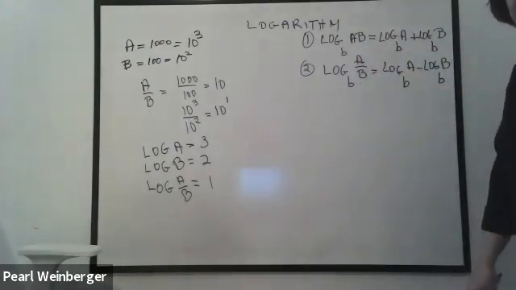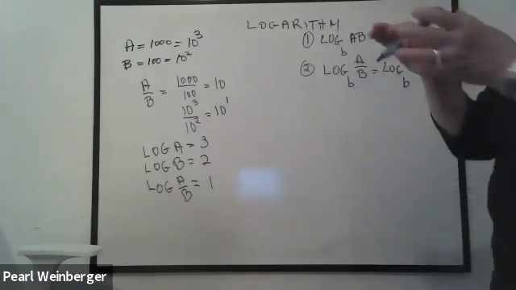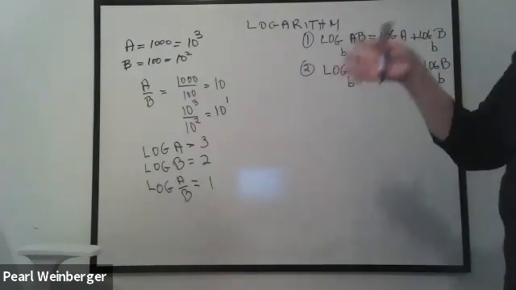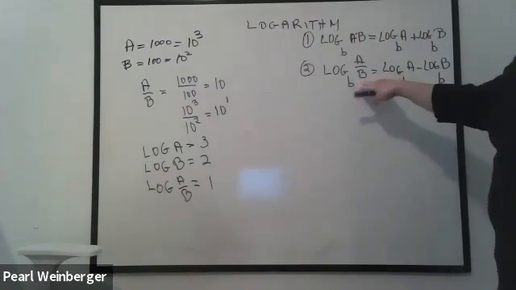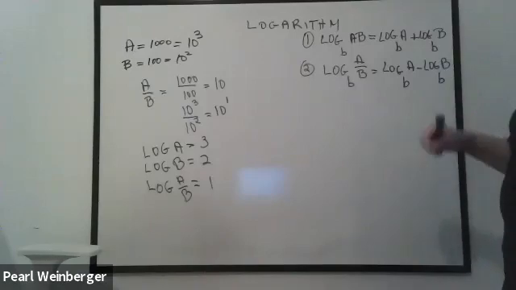The log of the top minus the log of the bottom. In other words, when you have a fraction and you change it to logs, anything in the numerator is going to be positive, but anything in the denominator is going to turn out to be negative, because when you're dividing, you have to subtract the logs.